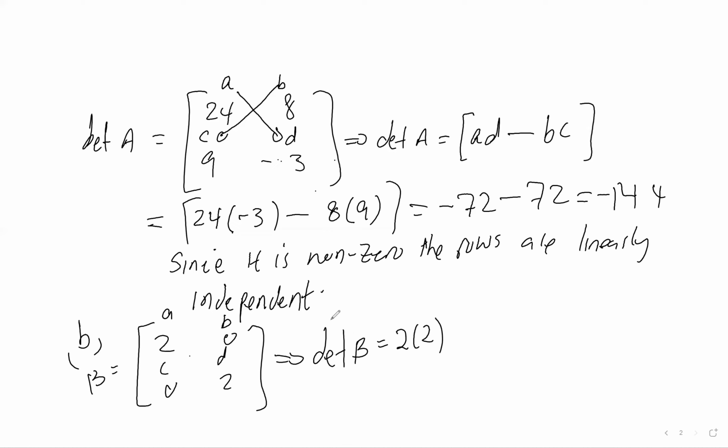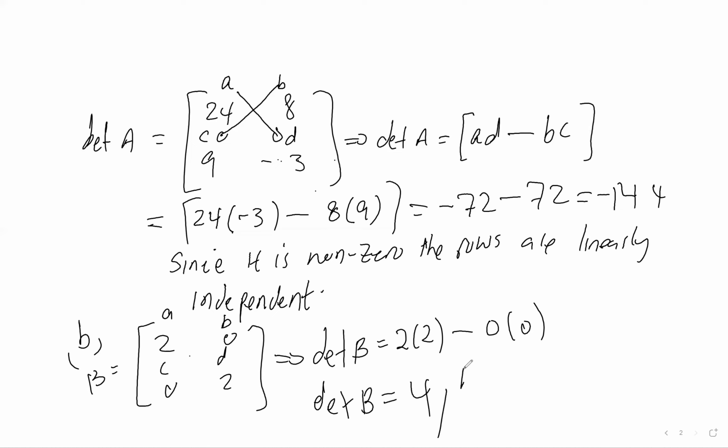If you write it out, then you will not make a mistake. So 2 times 2 minus B times C. B is 0, C is 0, so this term becomes 0. Anyway, it doesn't matter, because 0 times anything is 0. So the determinant of B is equal to 4.